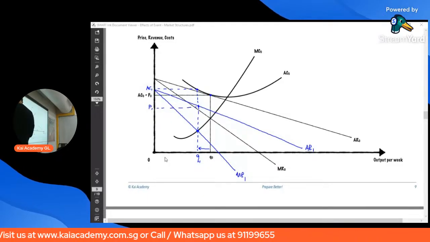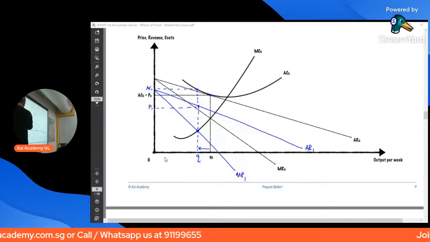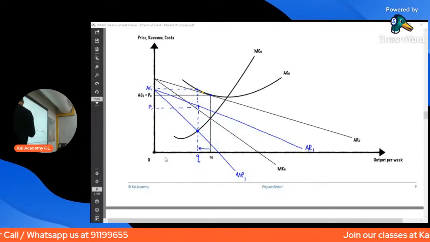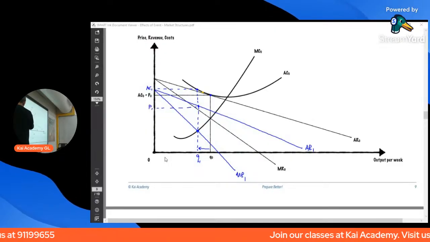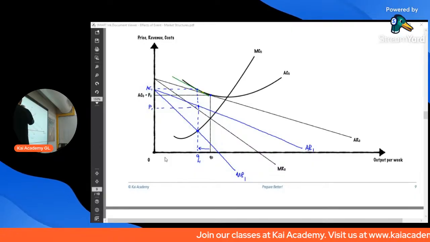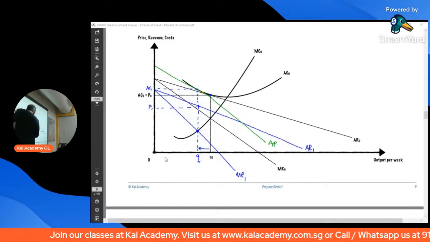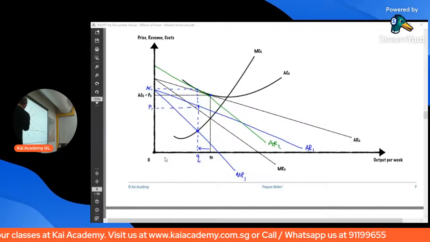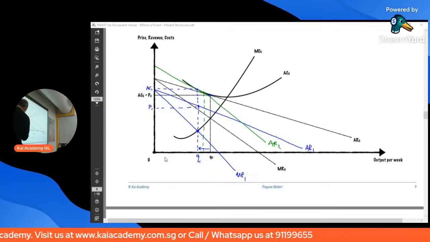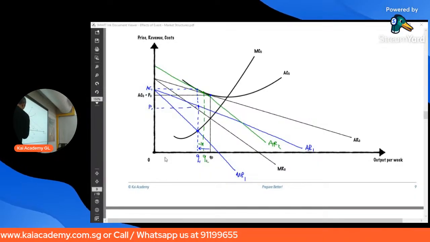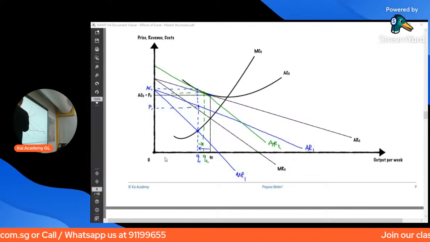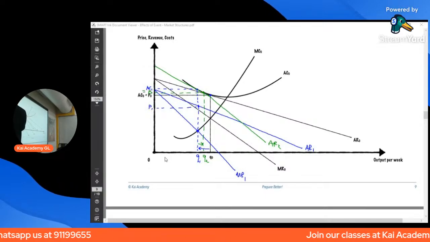So I choose a point a little bit to the left of the curve to draw my AR curve. So my new AR curve is tangent like this. So my AR2. At this new AR2, I find my Q2, which rises back, not fully. So I have my P2, AC2.